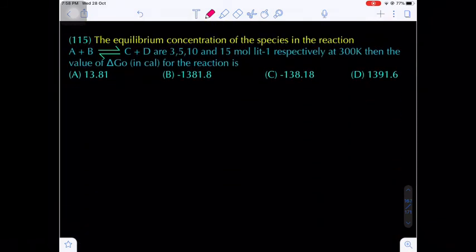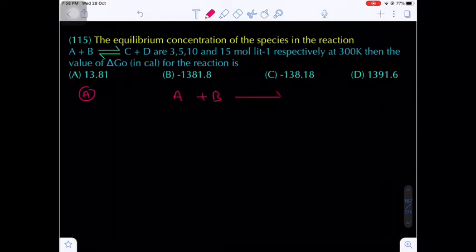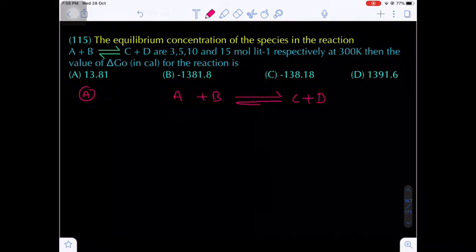Now, question number 115. The equilibrium concentrations of the species in the reaction A plus B equilibrium C plus D are given as 3, 5, 10, 15 moles per liter at 300 Kelvin.